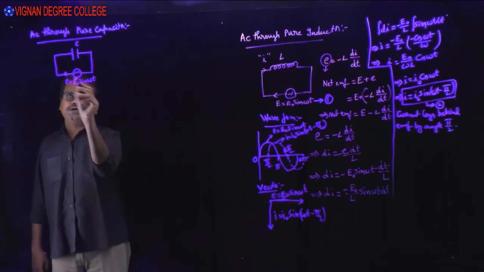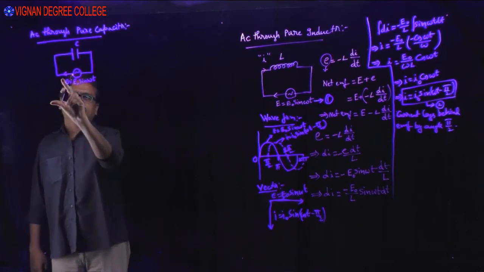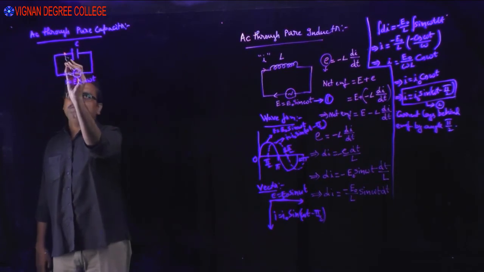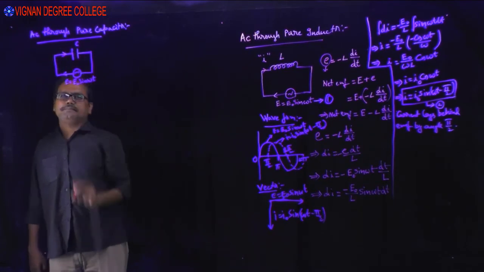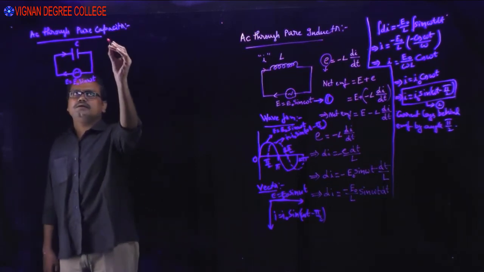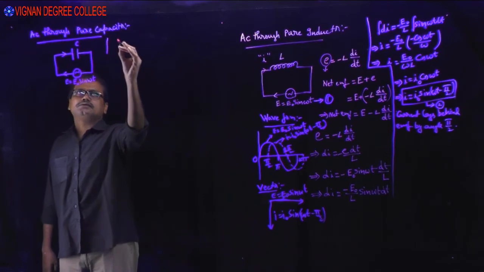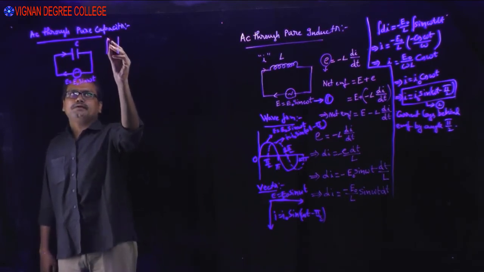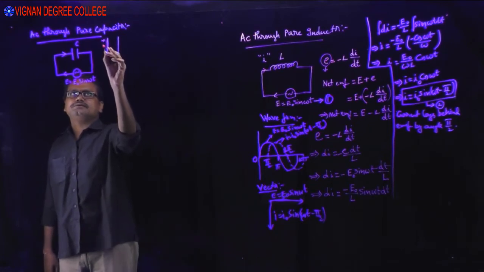Let us suppose that a charge Q starts flowing in the circuit and which reaches the plate of the capacitor. Let us consider this plate is charging positively.